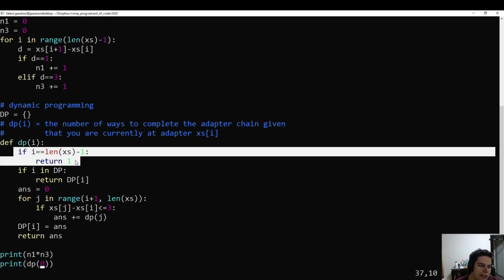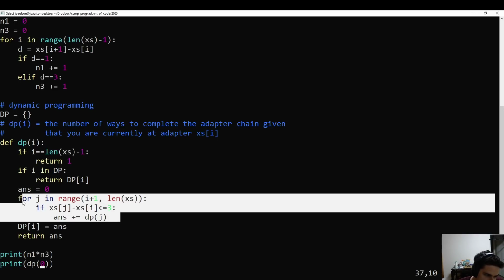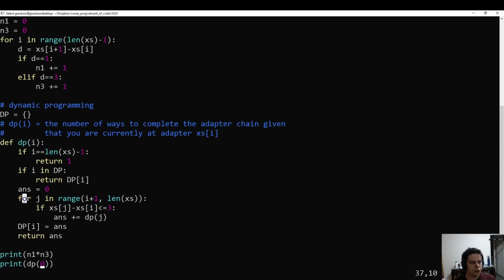If you are already at the end, then you're done. There's only one way to get to the end, which is that you're there. So return 1. Ignore this for now. How would you do this with the recursive brute force solution? You just try all the possible next adapters. You can step to anything bigger in the list as long as the difference is at most 3.